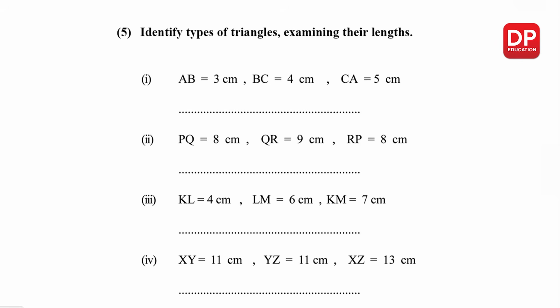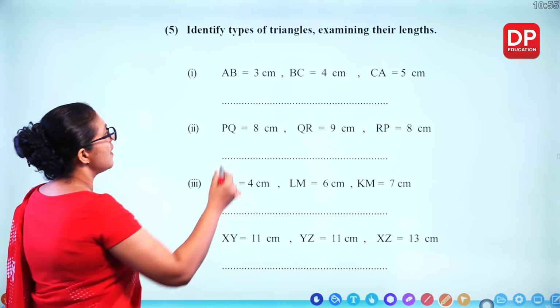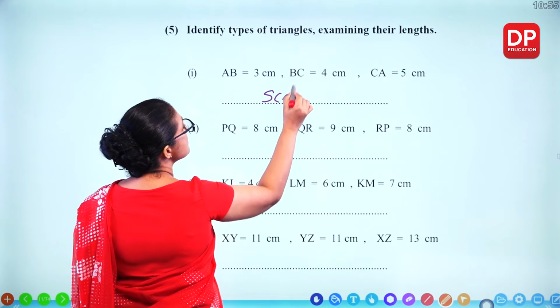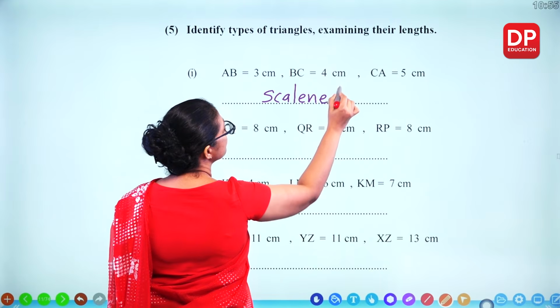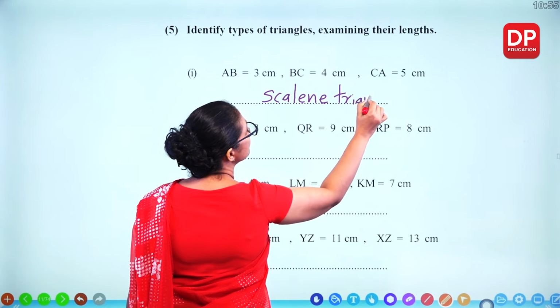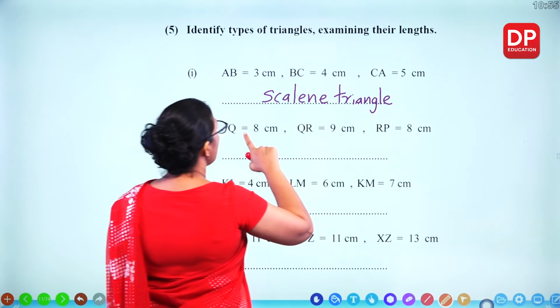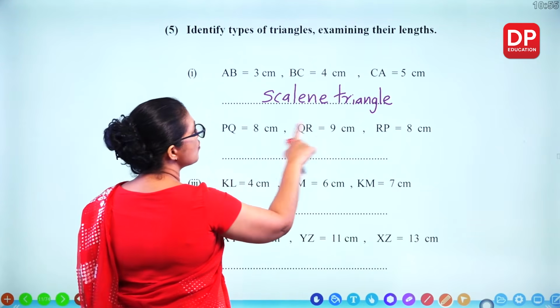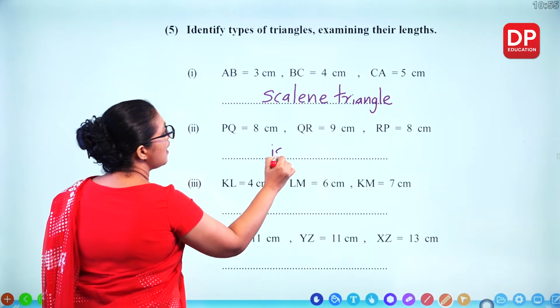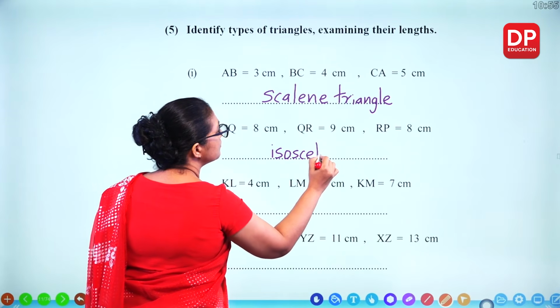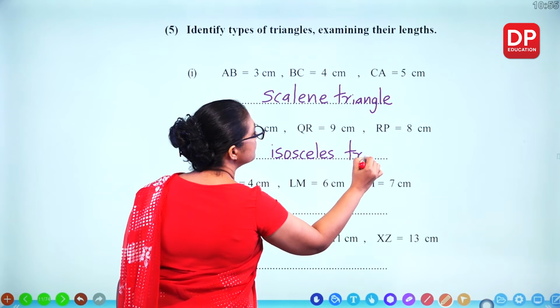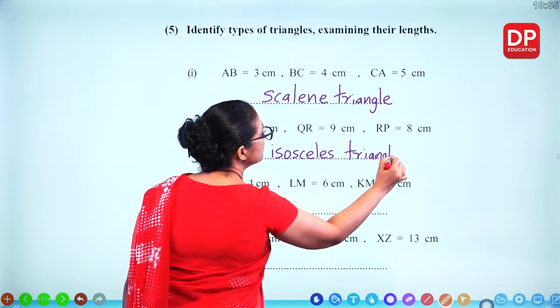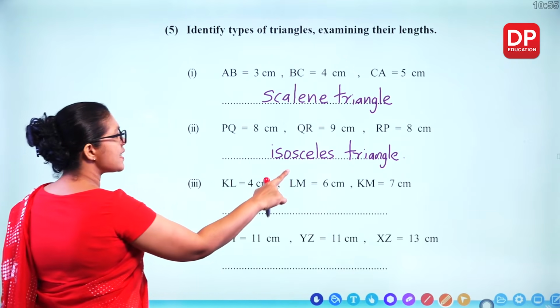Identify types of triangles examining their lengths. 3, 4, 5. All different, scalene. 8, 9, 8. Two lengths are equal. Isosceles. 4, 6, 7.